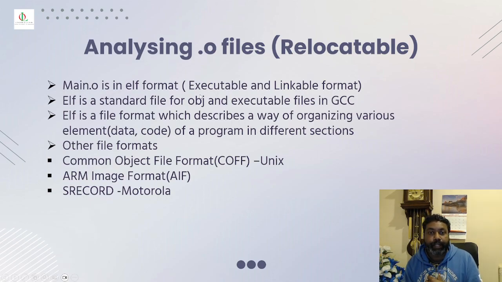And also you can change this to other file formats like bin and hex format through what's called COFF, common object file format. If you use that, you can convert to Unix platform, and you can use ARM image format for image formats, and there is another one called SREC for Motorola devices. So these are all just some simple analyzing files.